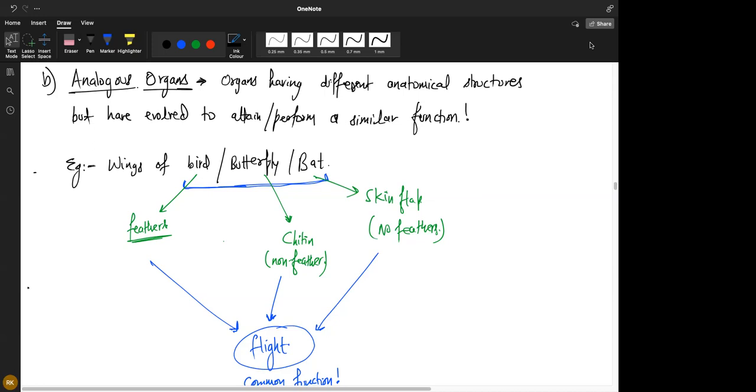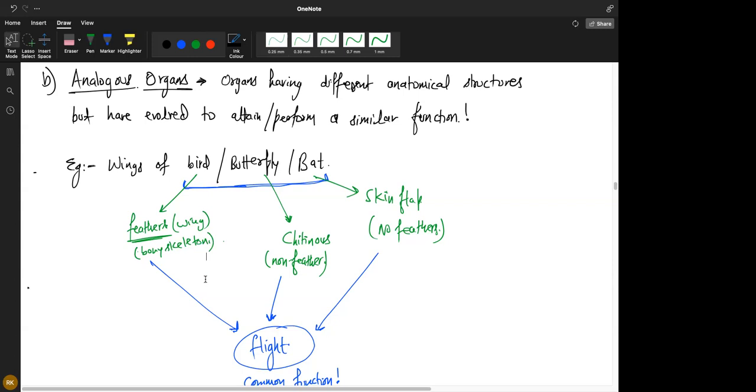So if you look at the wings of a bird, a butterfly, or a bat: for a bat it is a skin flap, no feathers. For a butterfly, it is a chitinous structure, again no feathers, right? But for a bird, it is feather based wings, and it has a bony skeleton inside.